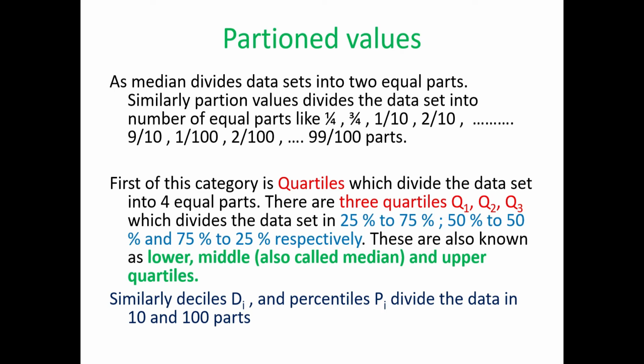Q2 is nothing but the median itself. It divides the whole data into 50-50%, and Q3 divides the data into 75% and 25% respectively. So these are known as the lower quartile, middle quartile, that is the median, and upper quartile. So the whole population we can divide into 4 equal parts.